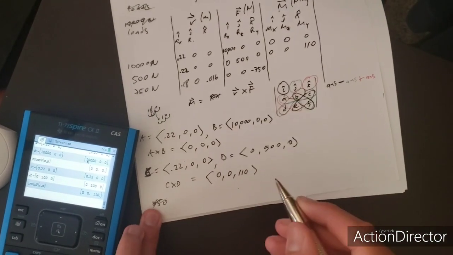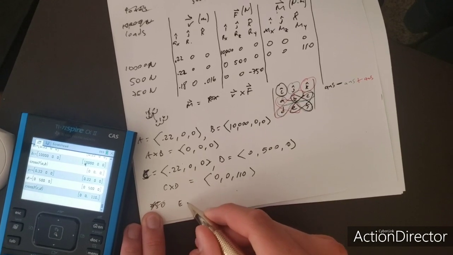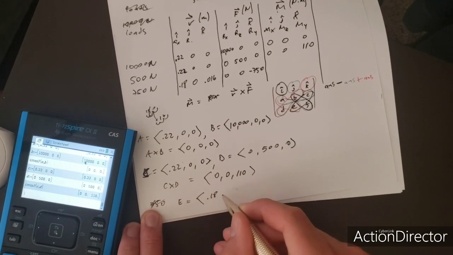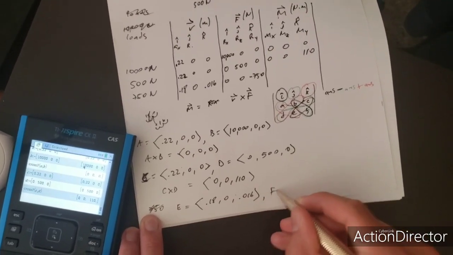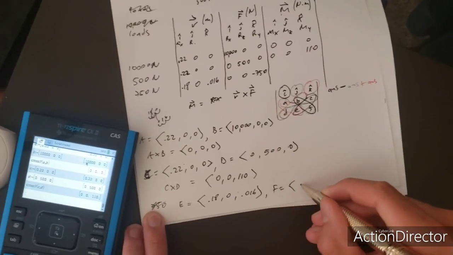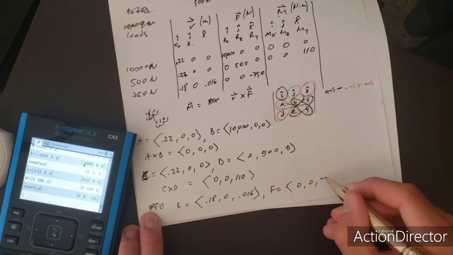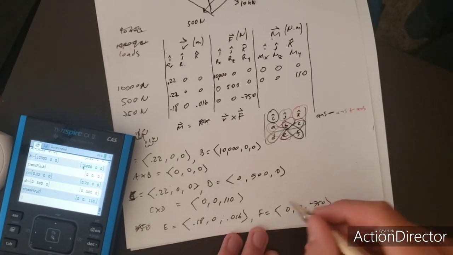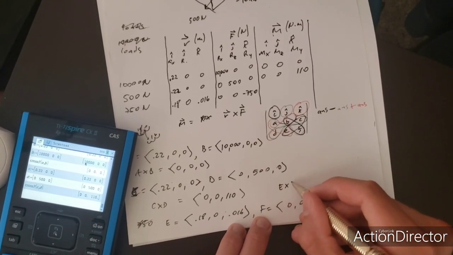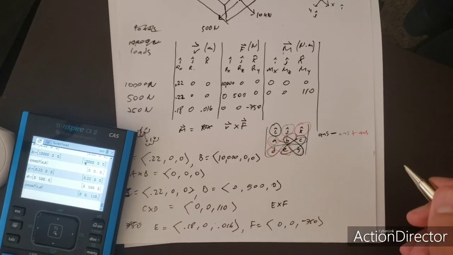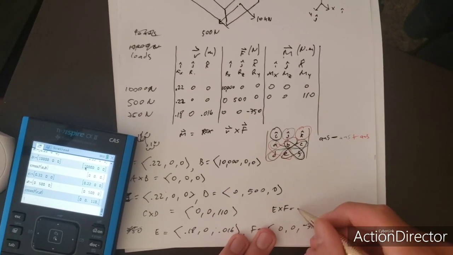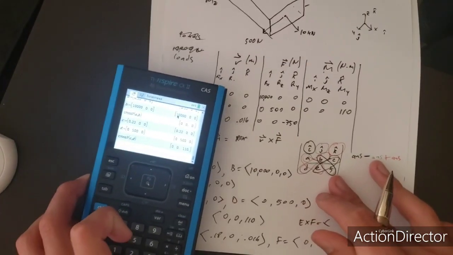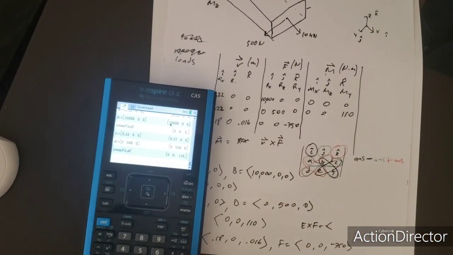Well, it'll just be vector E defined as 0.18, 0, 0.016. Vector F, I'll name it 0, 0, negative 750. And when I do E cross F, what do I get?